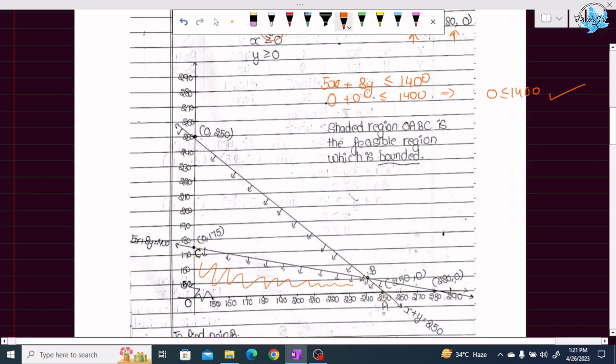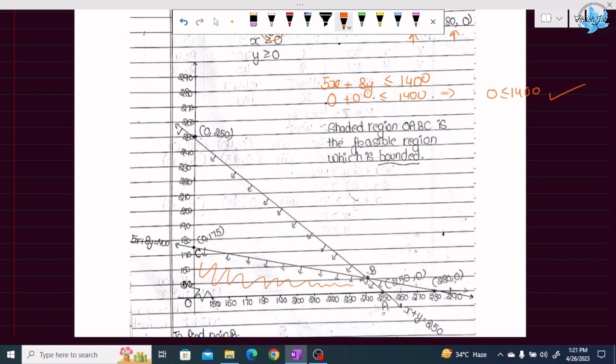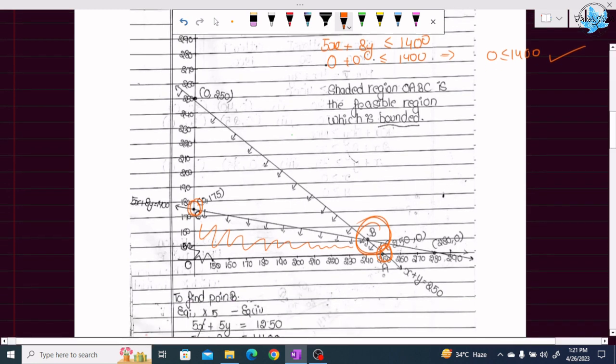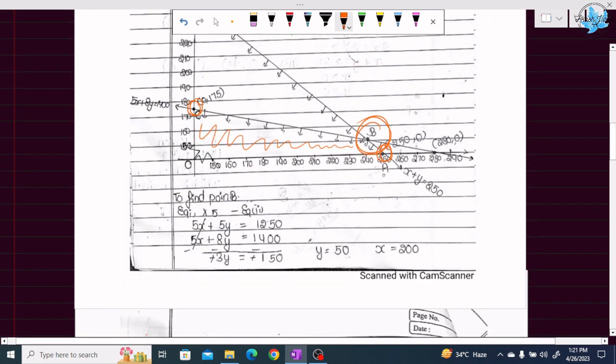The next step is to find the coordinates of these edge points. From the graph, we know the C coordinate and A coordinate, but we don't know the B coordinate. The B coordinate is the intersection of the two lines, so I will solve these two equations.